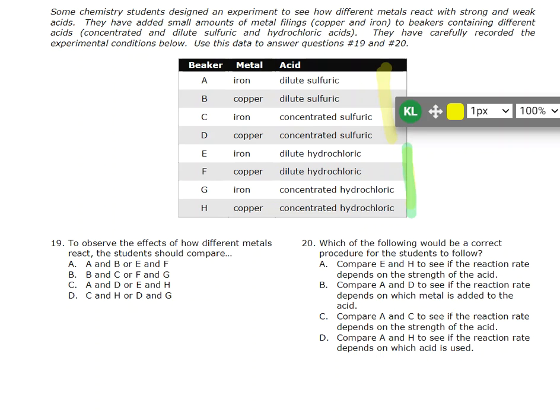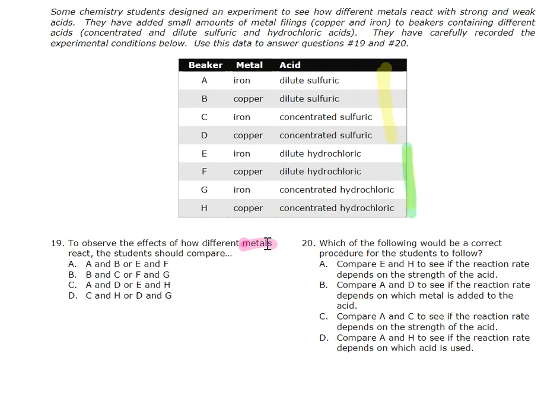So if we wanted to observe the effects of, and keyword here is different metals, we would need to look at the ones that have the same acid treatment but different metals. So A to B, C to D, E to F, or G to H. Okay, and so the only one that I see that's correct there then would be A.